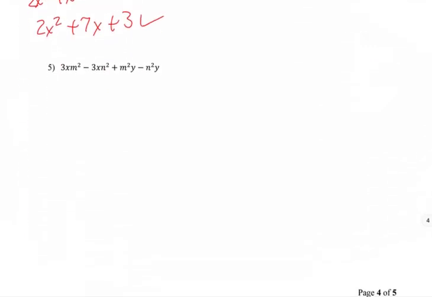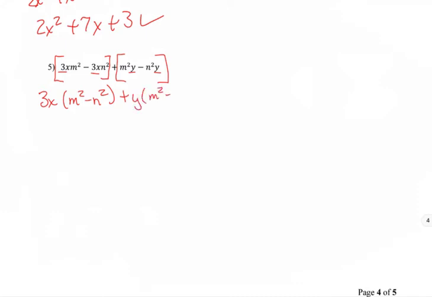And the next one is another factor by grouping. I'm going to group the first two terms together and the next two terms together. Out of the first two terms, I pull out the greatest common factor, which is 3x, and I'm left with m squared minus n squared. Out of the last two terms I pull out y, and I'm left with m squared minus n squared.